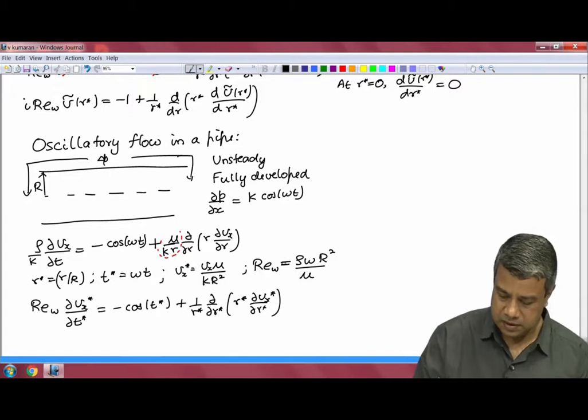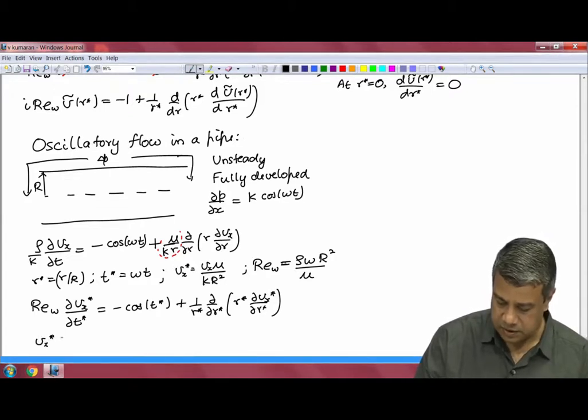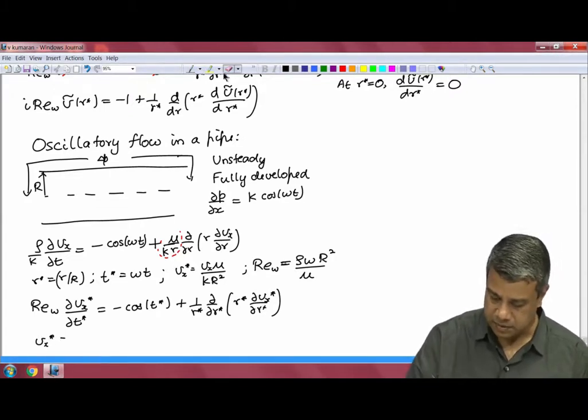Subject to boundary conditions, the velocity is equal, let me write it right.